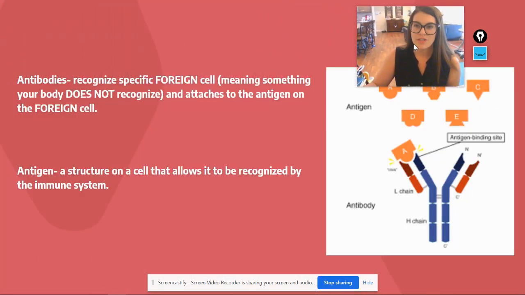So the first terminology that you need to know is the difference between antibodies and antigens. In the time of COVID, I think most people are actually familiar now with antibodies. Woohoo, one term that I don't have to teach.